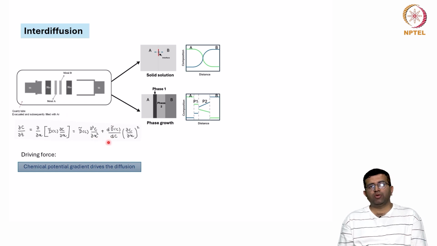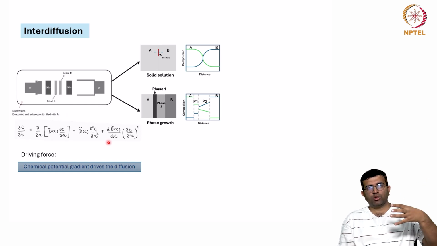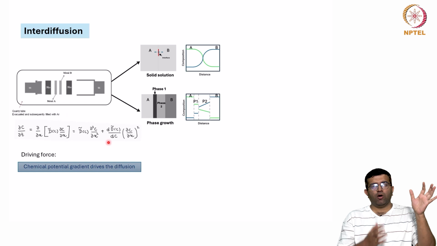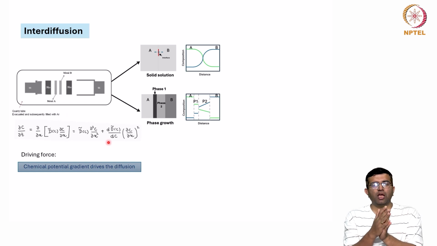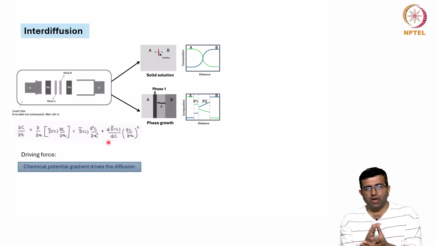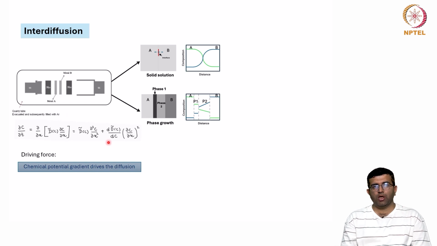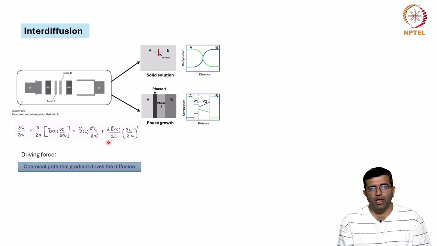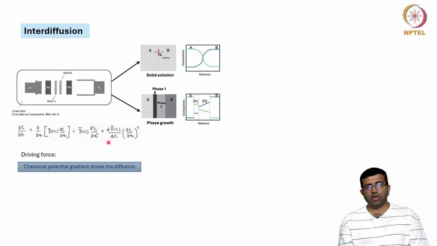Then we also saw the real driving force. Although until now, before this lecture, we had always used the concentration gradient, in this concept of interdiffusion we understood that it is the chemical potential gradient which drives the diffusion. In many cases the chemical potential gradient and the concentration gradient are in the same direction, but it is not necessarily so.